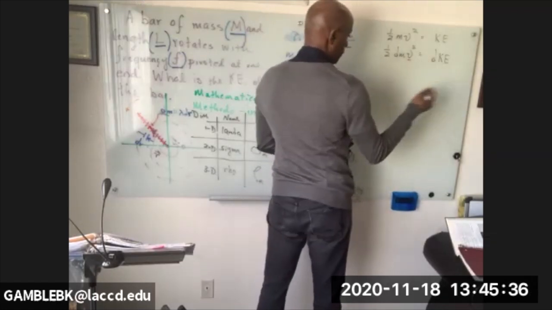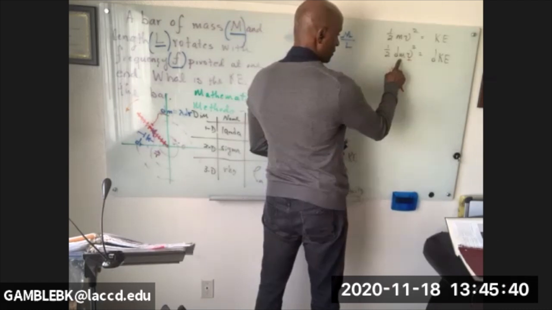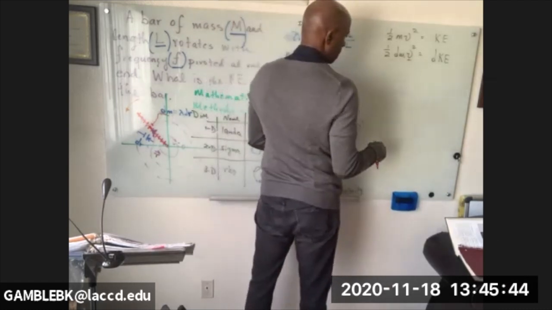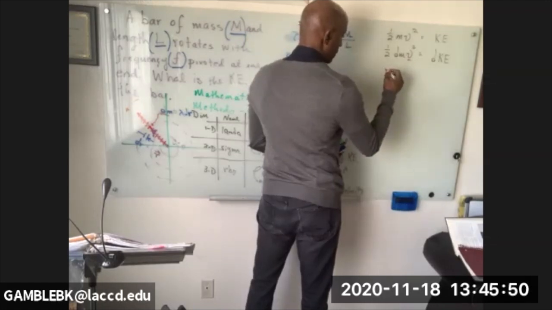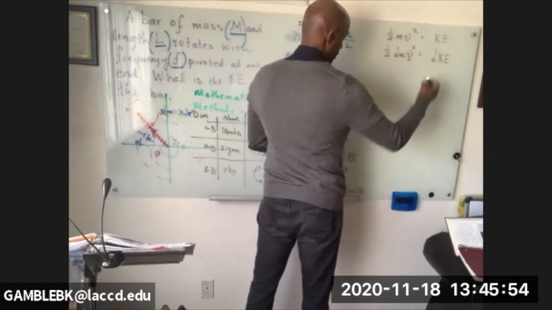And so to find the total kinetic energy, I add up all the differential elements, not just one, but all of them, which gives rise to integration. So ultimately, I can write this as an integral problem where you integrate both sides.